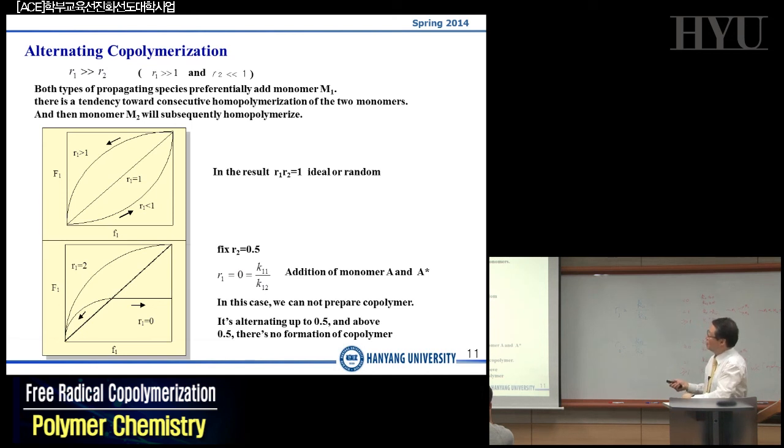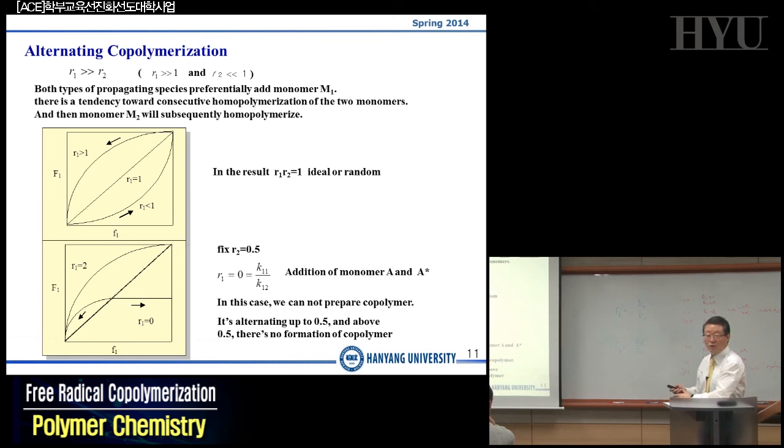And if R1 times R2 is equal to 1, then we have ideal copolymerization or random copolymerization. If R2 is equal to 0.5 and R1 is equal to 0, then R1 equal to 0 means that we have alternating tendency.